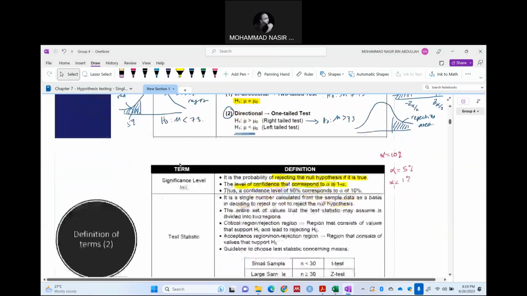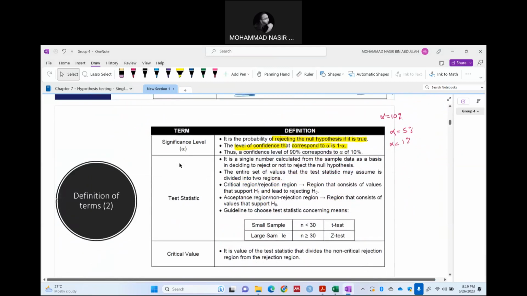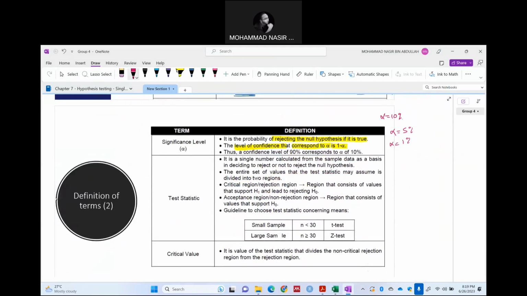Right. So another term in hypothesis testing that we need to remember and understand is test statistic. So it's a single number calculated from sample data. So we already learned in chapter number 6, right? The Z value, the T value, right? So we will use back the statistical techniques in this chapter.